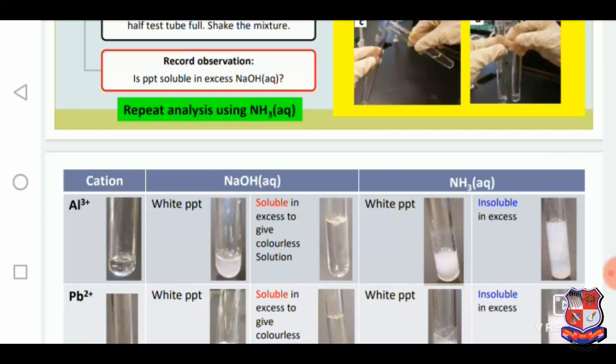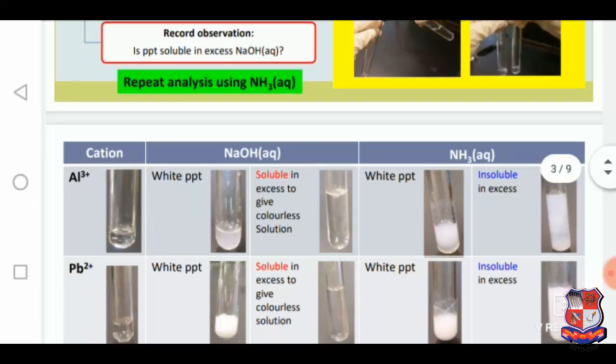And if we add excess NaOH, then the precipitate will dissolve to give a colorless solution. That is how it looks in the third test tube in the aluminum ion analysis.